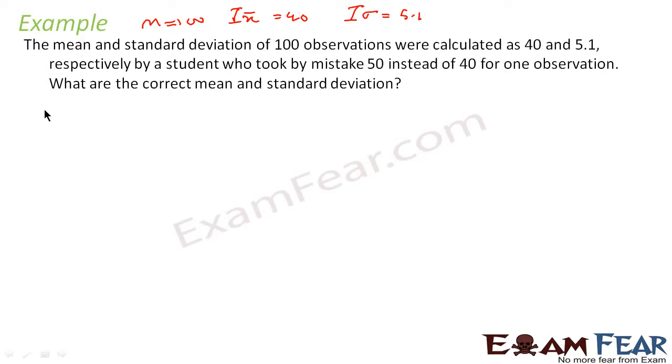Now we know that mean is nothing but 1 by n into sigma xi. This formula we know. N we know and the incorrect mean we know.